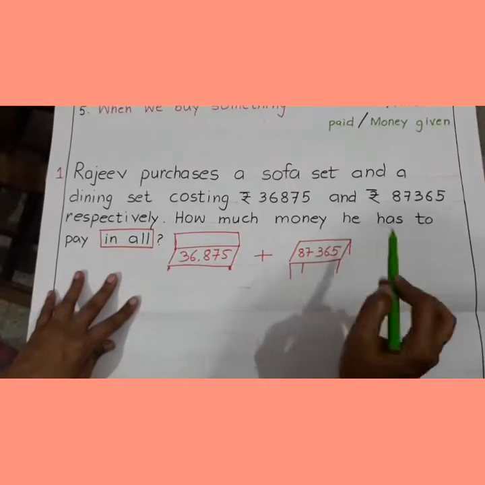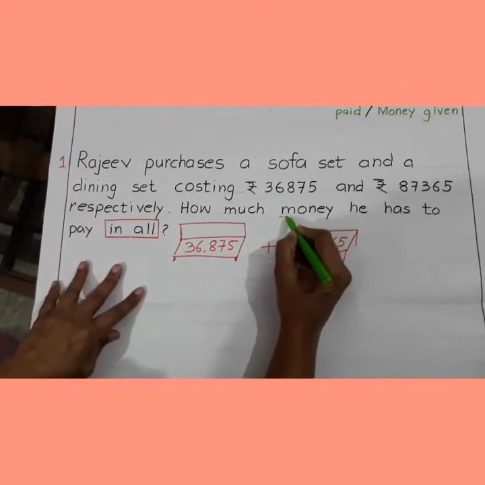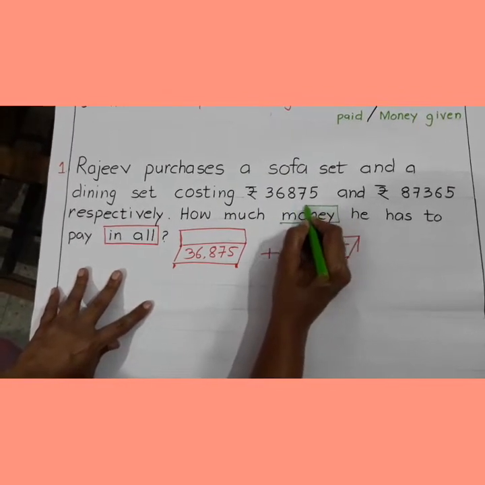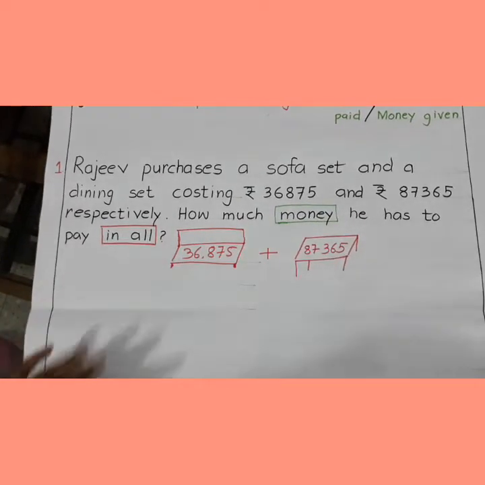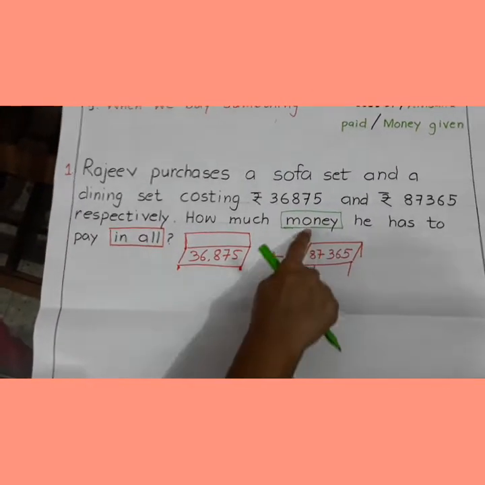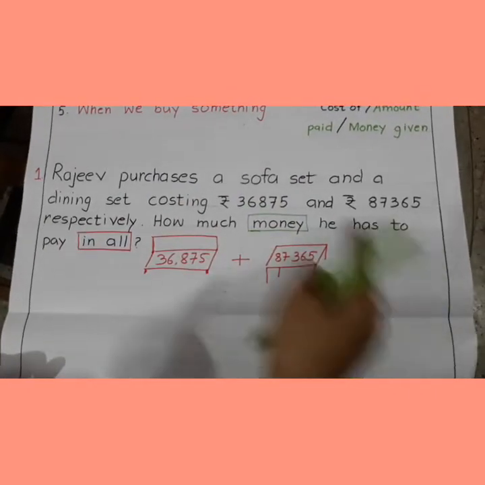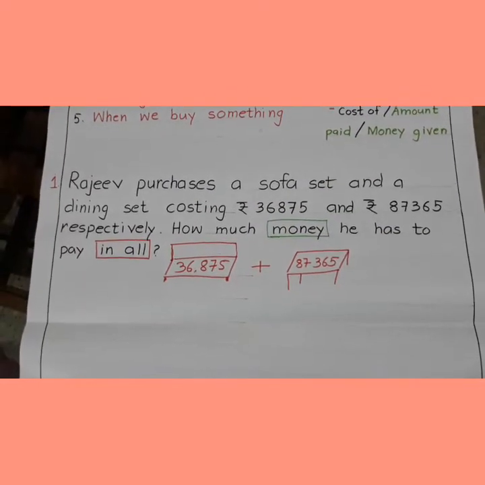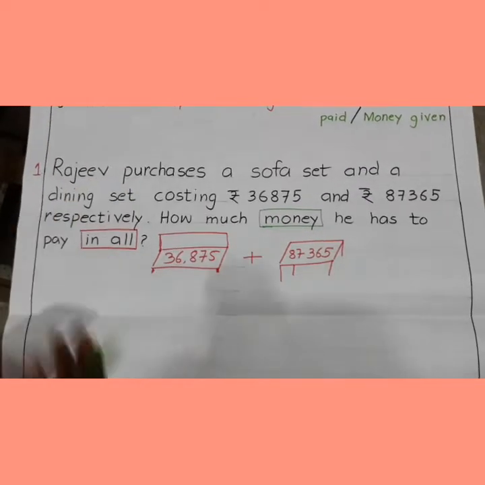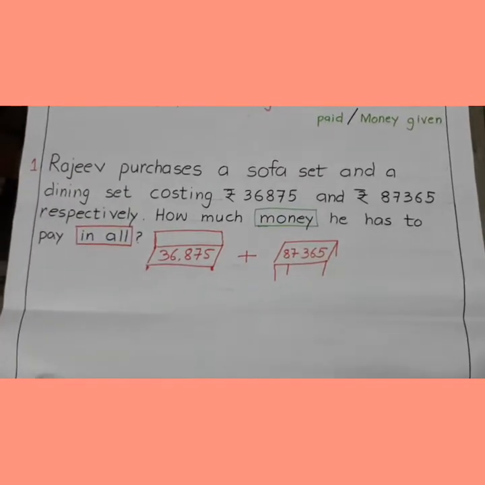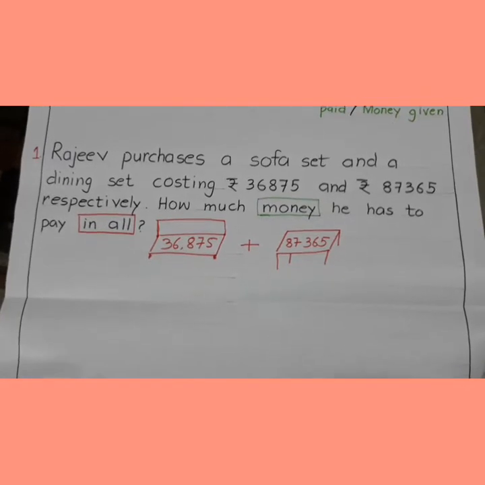How much money he has to pay in all. So here is your clue word, money. So I can even start the statement with money. Money given for sofa set. Money given for the dining set. Therefore, money he has to pay in all. All of it will be correct. Are you getting it? Did you understand?